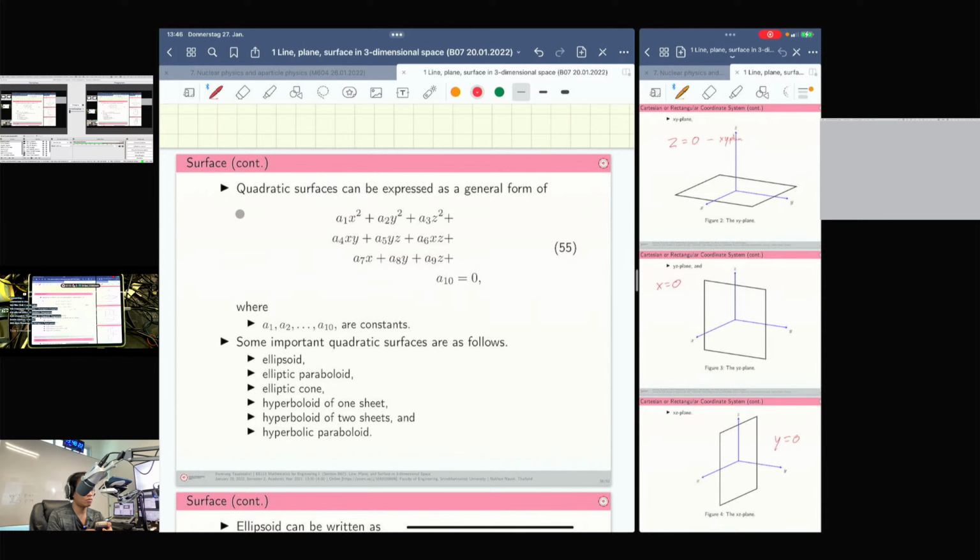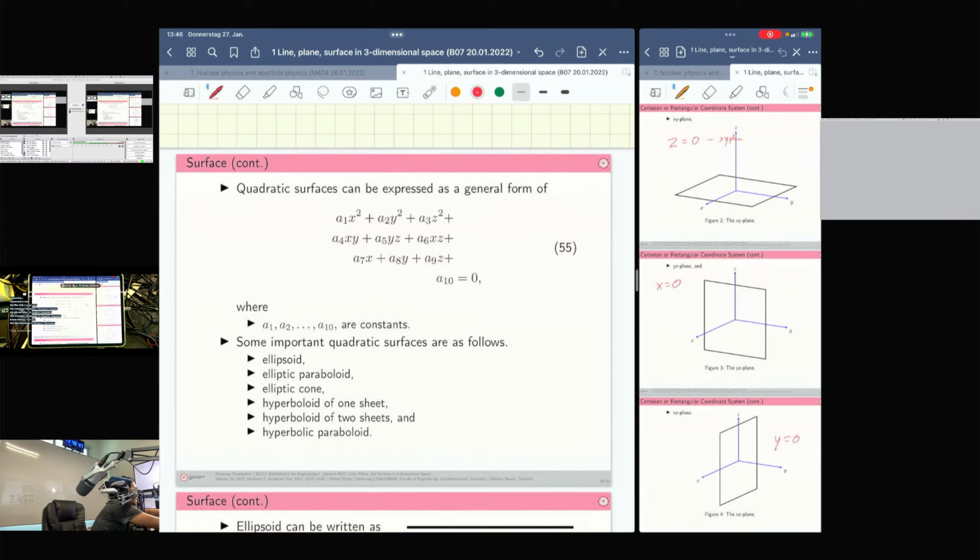We will consider only the ones described by a quadratic system, right? The quadratic surfaces have many forms.